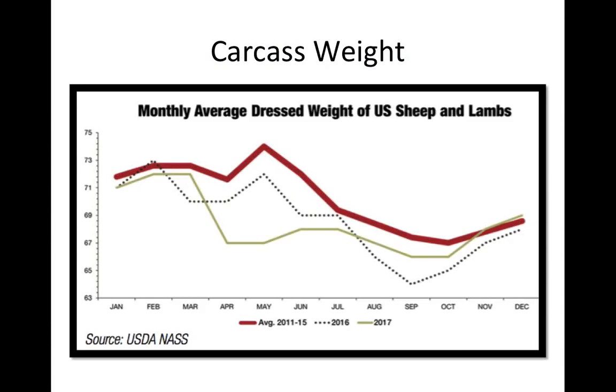Okay, so moving back to the traditional industry, if we look at month by month the average dress weight for lambs, we'll see that in January, February, and March, the typical carcass weight is in the 71 to 73 pound carcass size. All right, that's kind of the typical lambs throughout the year.